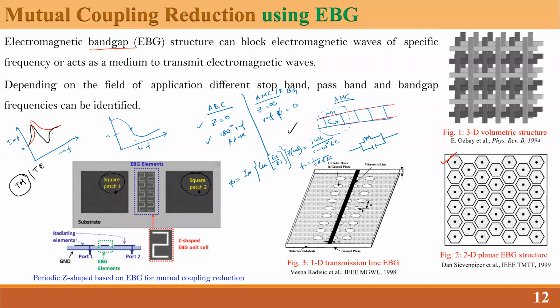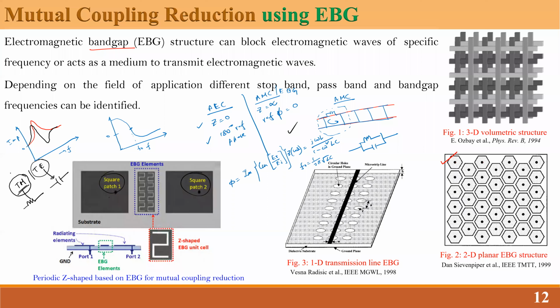Now, coming back to the impedance and the resonance: if you look at the resonance curve, before the resonance you will have a TM surface wave mode. After the resonance you will have a TE mode, because after resonance capacitance is the dominating factor.